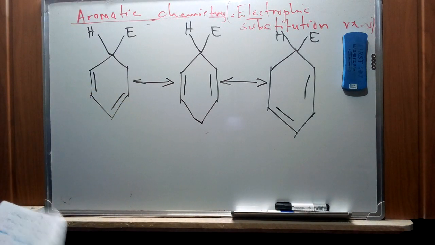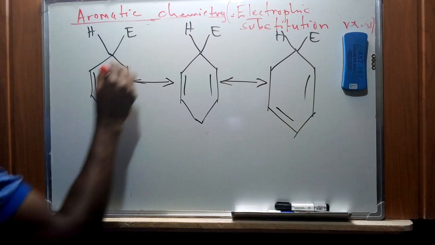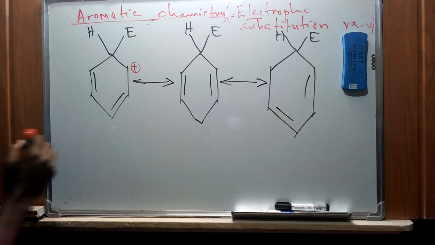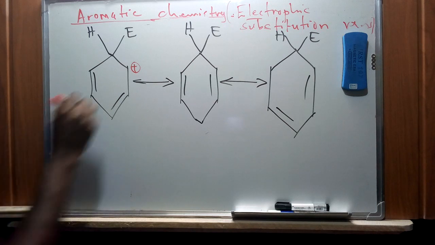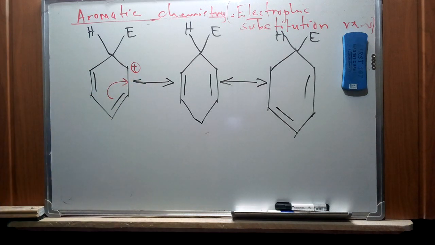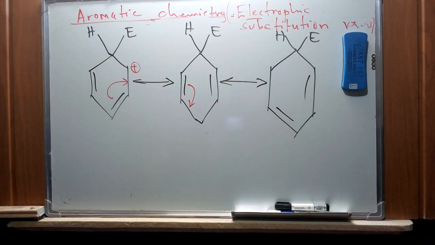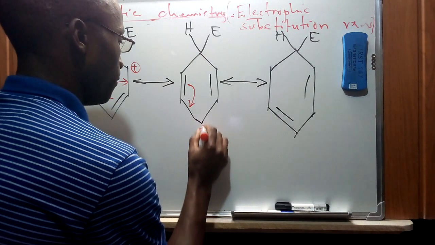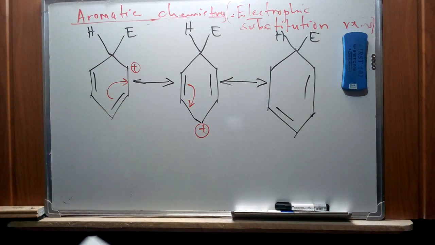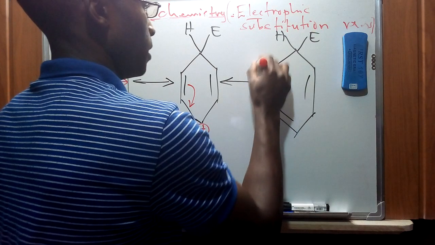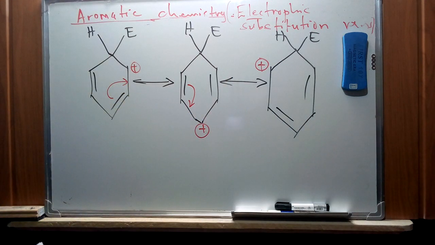And when we are using this concept, we said that at this particular point there's a deficit of electrons, so we shall have this double bond moving to that point, that bond moving at that point, and then we shall have this one moving at that point, whereby we have this one as the point that is having the charge. The last one that we are having there, the charge is at that point. So the concept of this charge moving to different positions is what we call resonance.